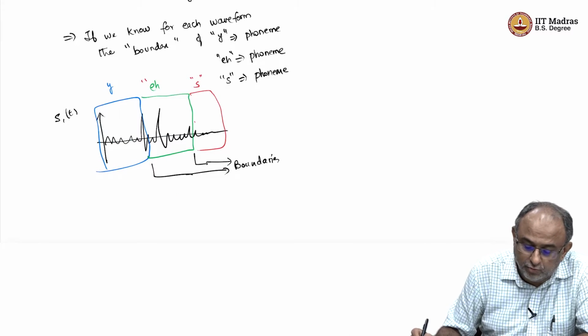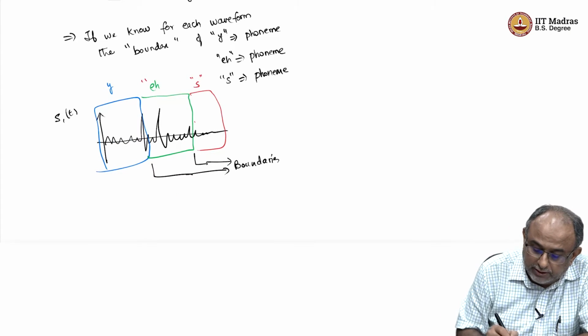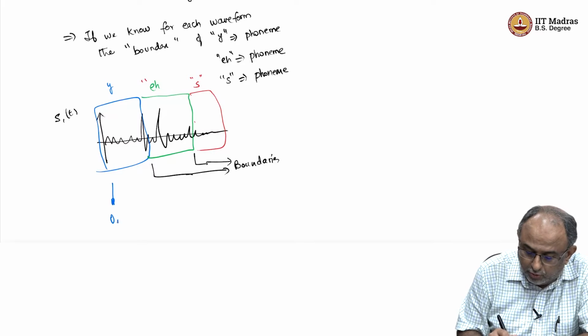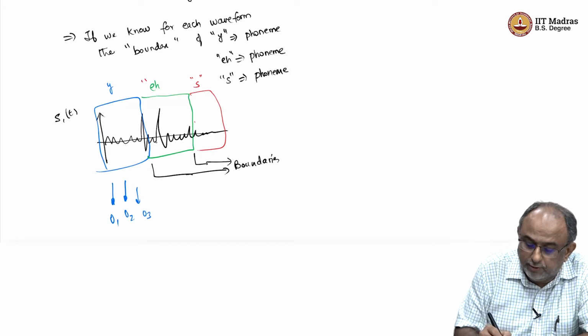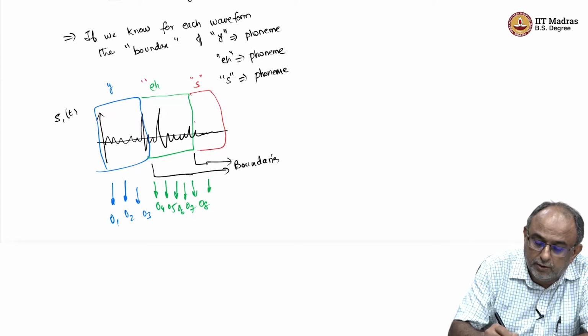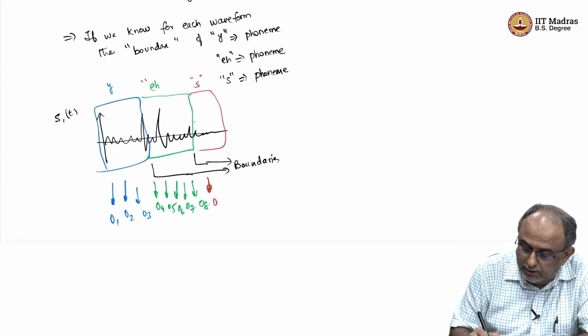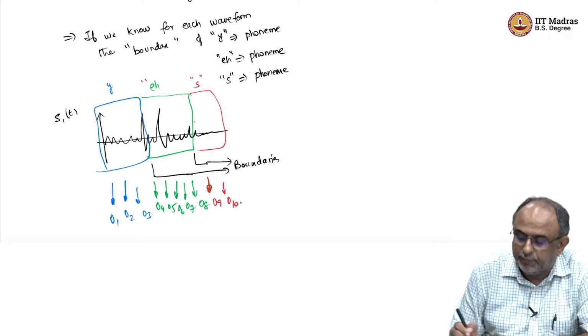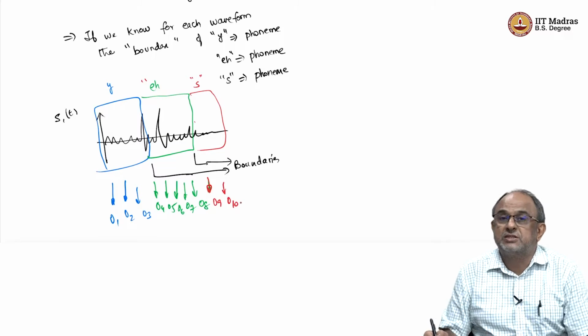Then what do I get? I get, let us say, O1, O2, O3, then O4, O5, O6, O7, O8 and then O9 and O10. Now this is nicely labeled.